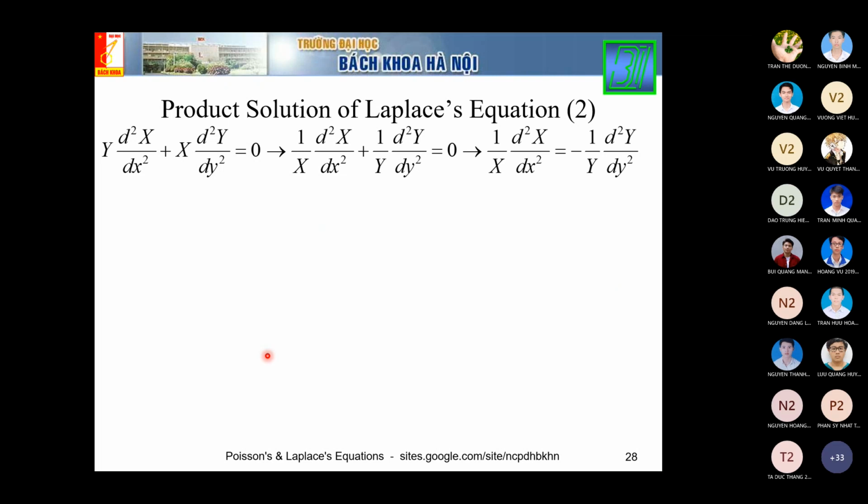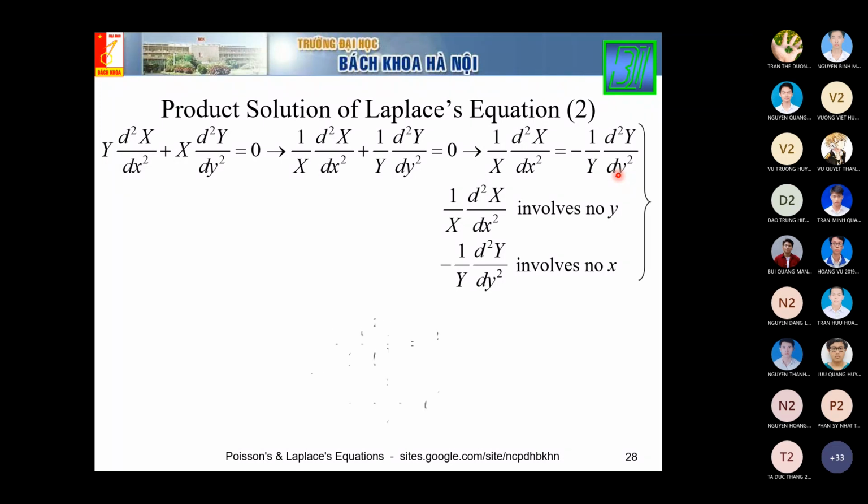This is the key idea of the solution here. You can see that the left side depends only on x, the right side depends only on y, but they are always equal. From this remark, we can conclude that the left side and the right side must both be equal to the same constant.